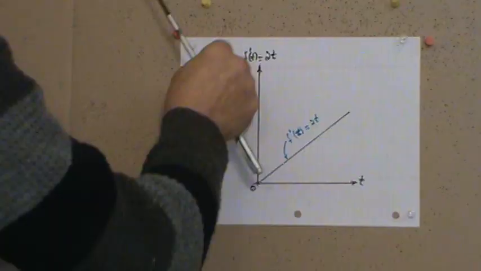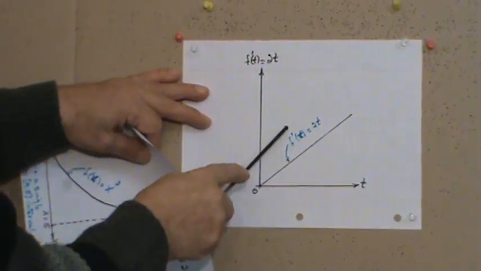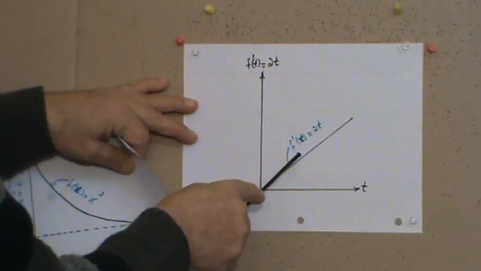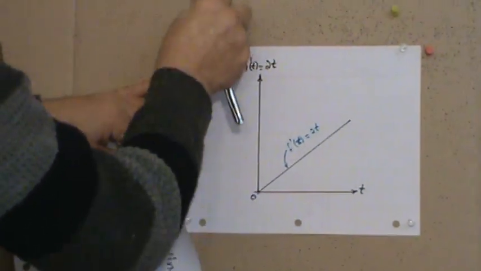So let me go to the next one. So again, this is what? This is the graph of a derivative of a function. So we are seeking to find that function, all right?